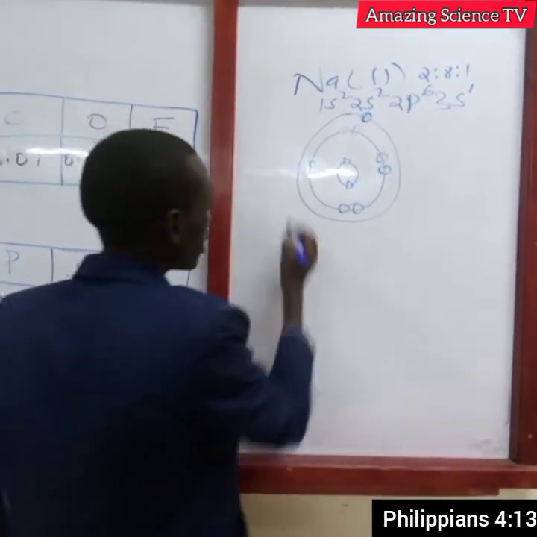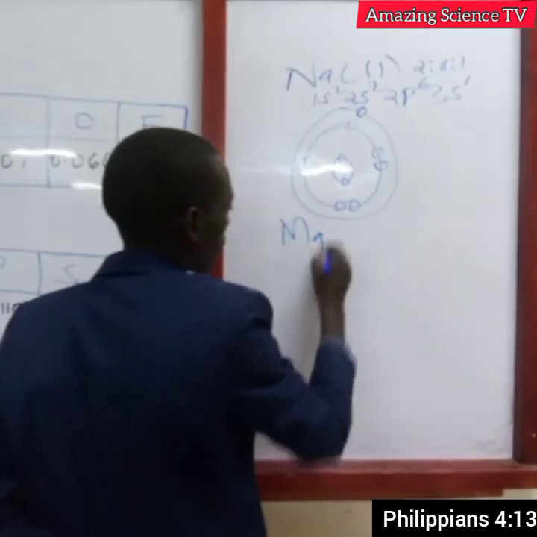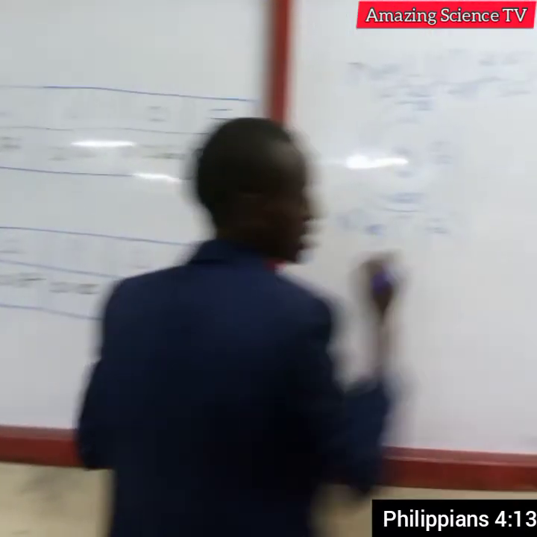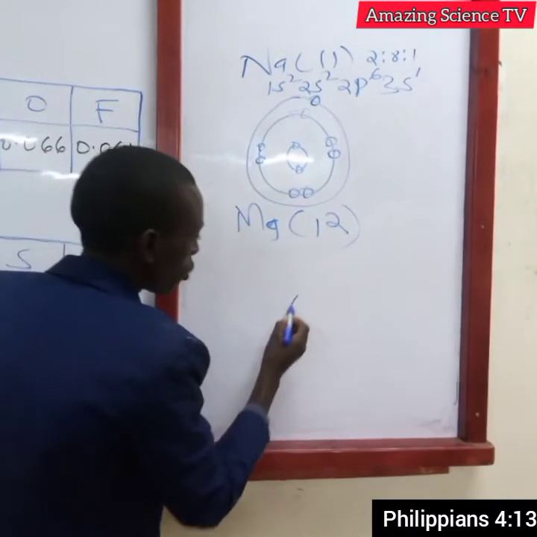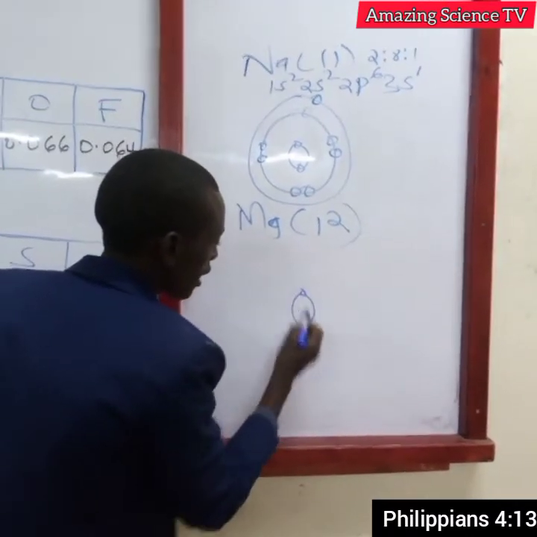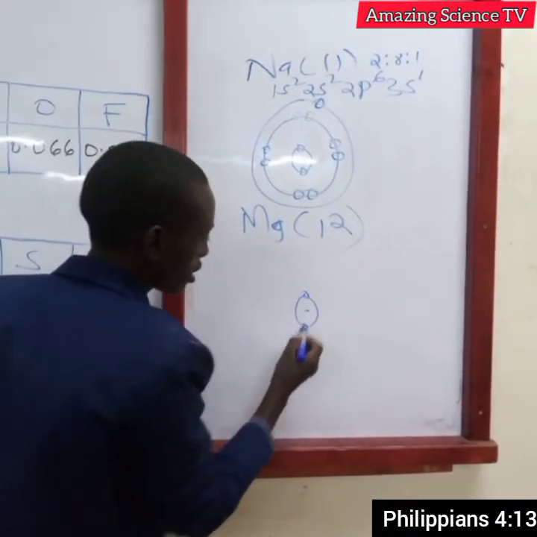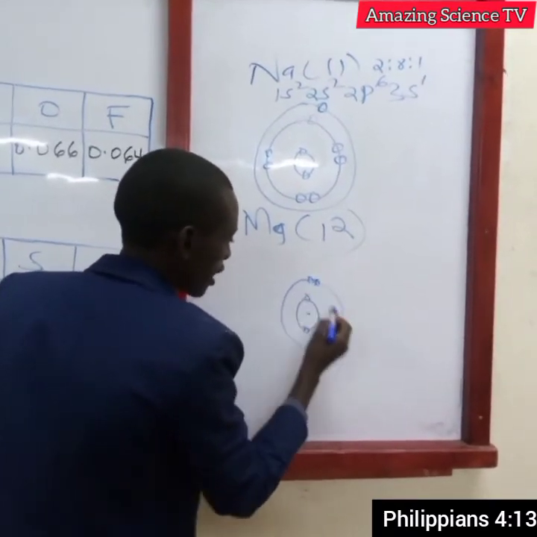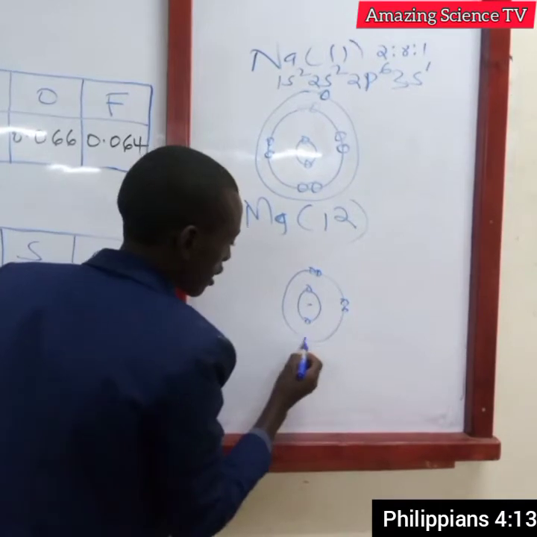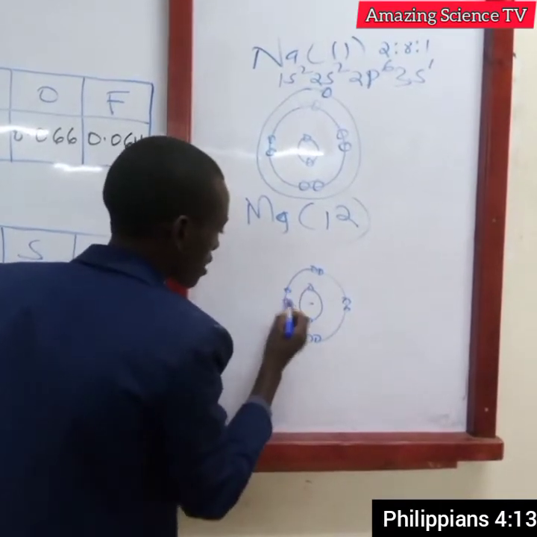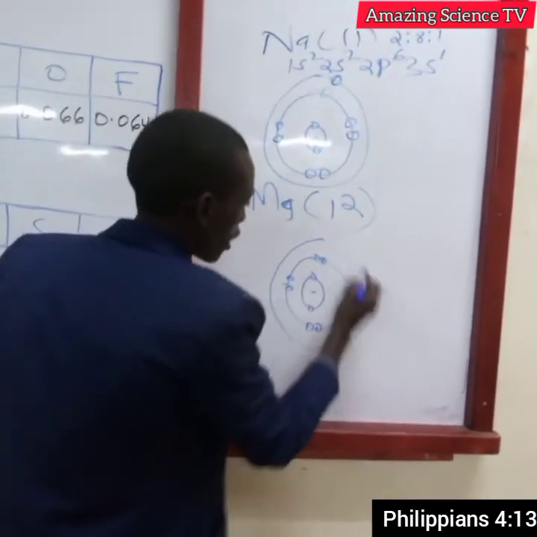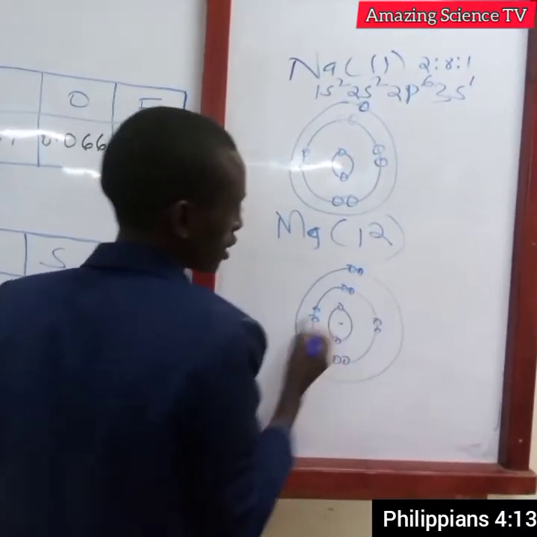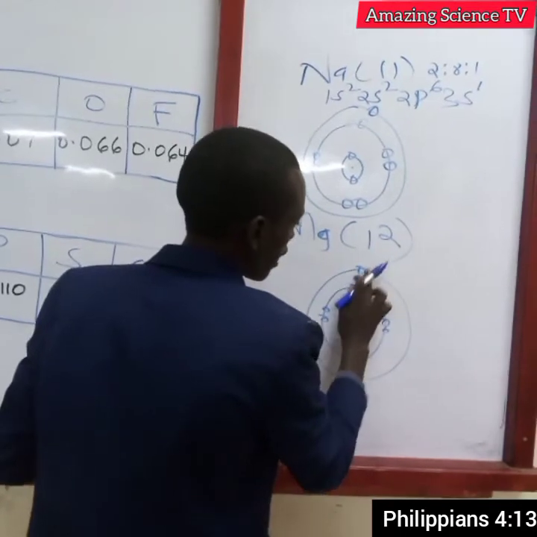So when you are going to magnesium, which is here, magnesium has 12 electrons, with 2 electrons in its outermost shell. So we have another electron added.